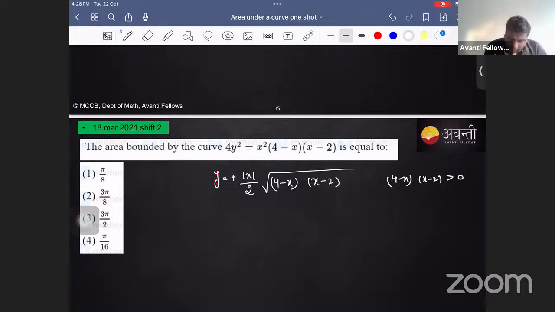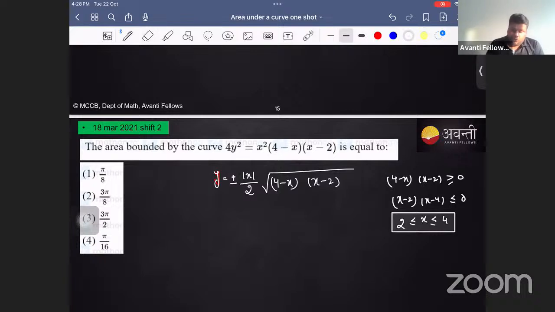Definitely plus minus sign will also come, and now this is no more a function. This is just an equation. So for this, that will be (x minus 2)(x minus 4) less than or equal to 0. So your x lies between 2 to 4. Am I correct?